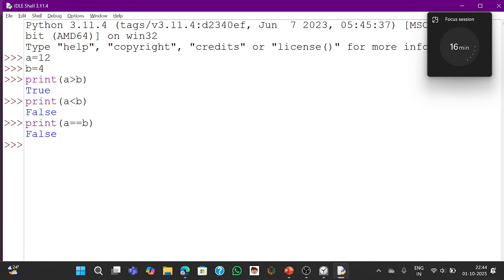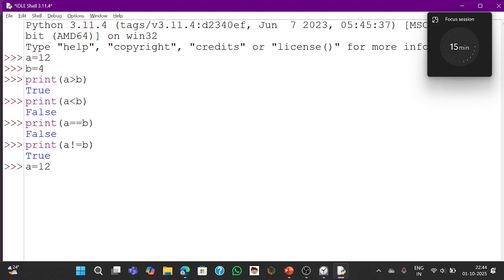Yes, of course, it's not, because 12 is not equal to 4. And if I have to ask, is it not equal? You'll write it as exclamation equal, meaning not equal. Not equal? Yes, it's not equal. So these are symbols like greater than, less than, double equal, not equal for relational operators.